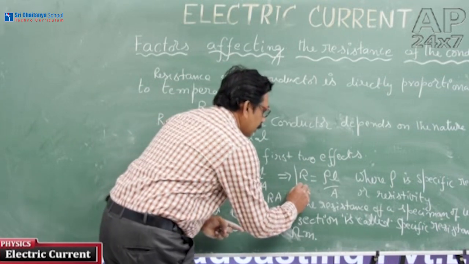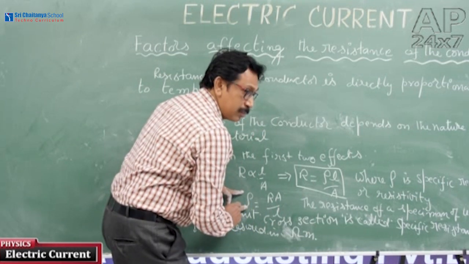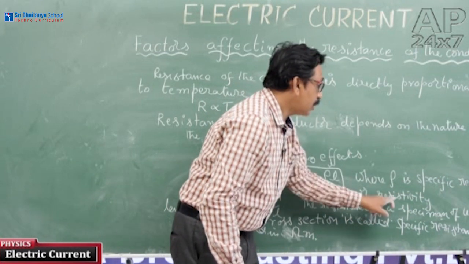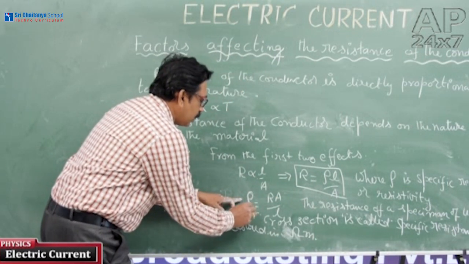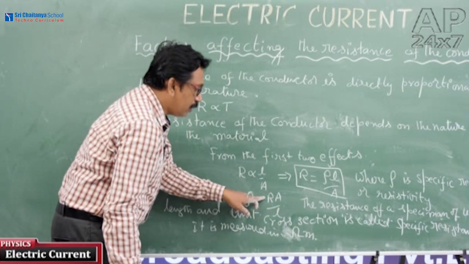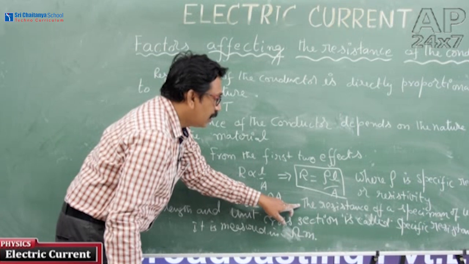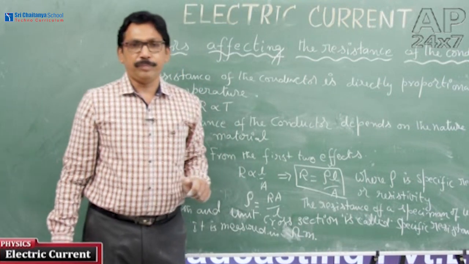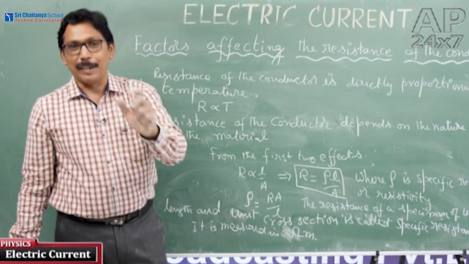This is the basic formula to get resistivity or specific resistance, where rho is specific resistance or resistivity. Now I got rho equal to RA by L. So this rho is called resistivity. Now I am defining resistivity like this: the resistance of a specimen of unit length and unit cross section area.